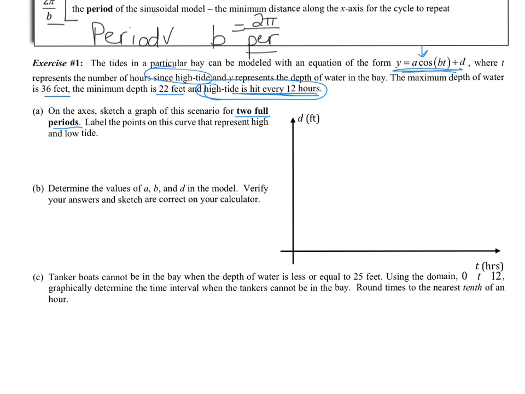So we're starting at that maximum value because this is a cosine graph. So looking here, the maximum value is 36. So maybe I set up something that goes up to 40 by tens. We're starting up at 36. It says we want to graph 2 periods. So first off, I'm going to start out and just put in 1 period is 12, 2 periods is 24.